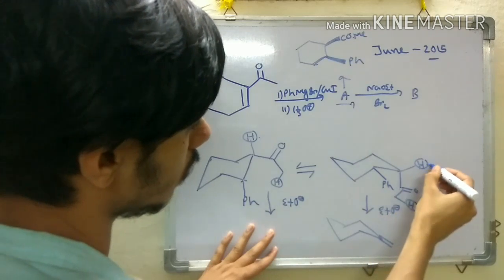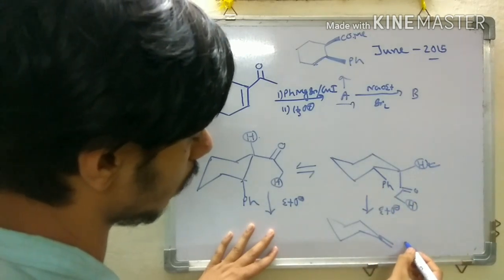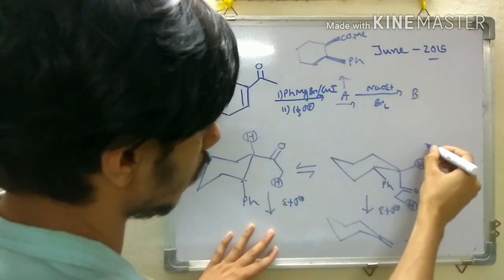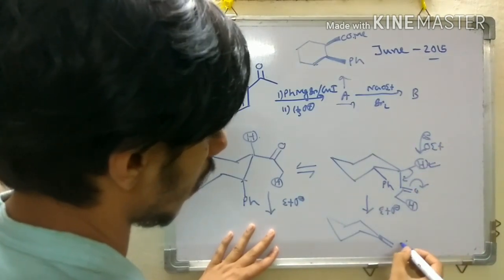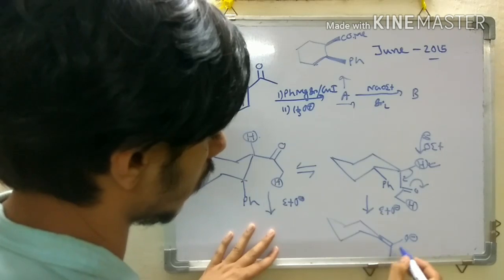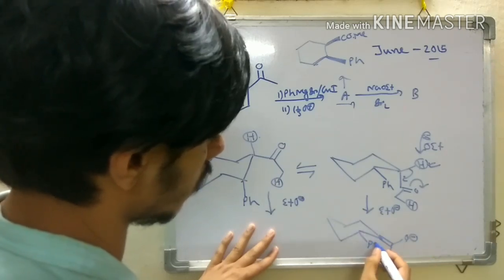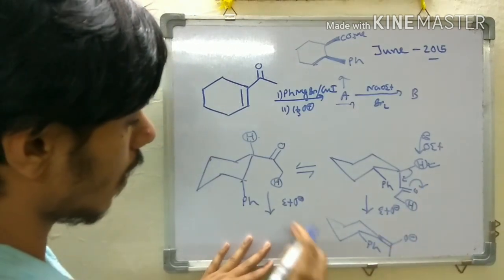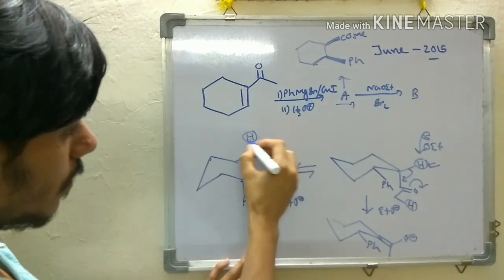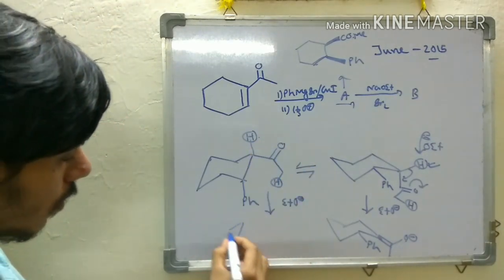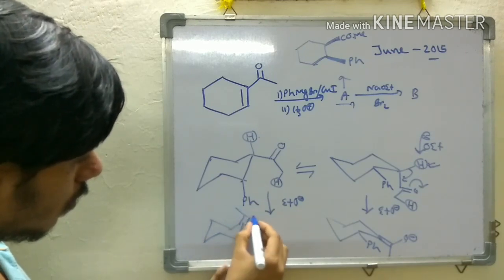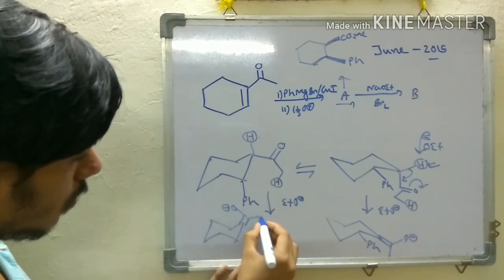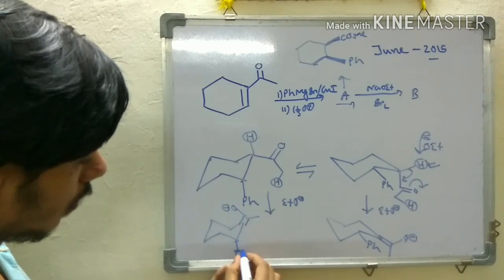So if you take this acidic proton, you are abstracting this proton and you get this one, where your phenyl group is here. And if you take the same acidic proton from here, you will get this: O minus, methyl, and this is your phenyl.